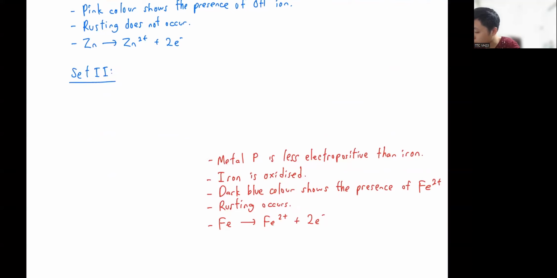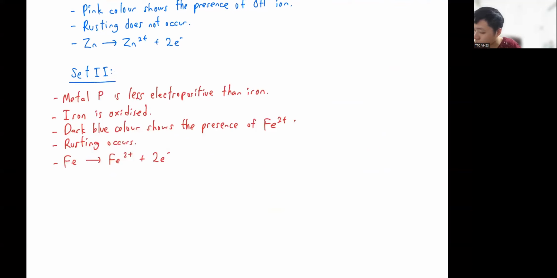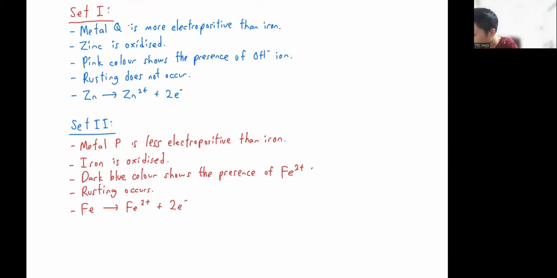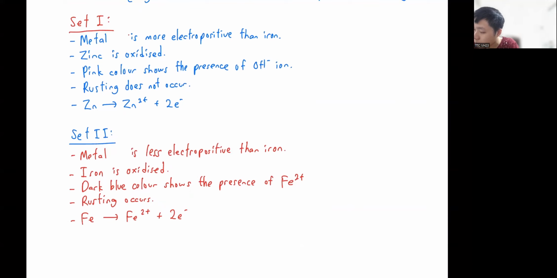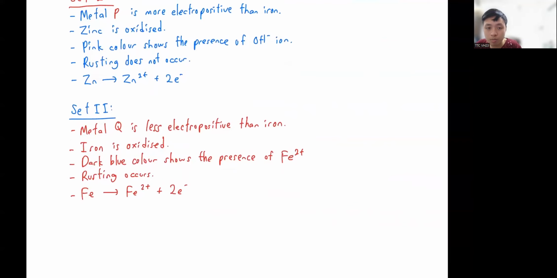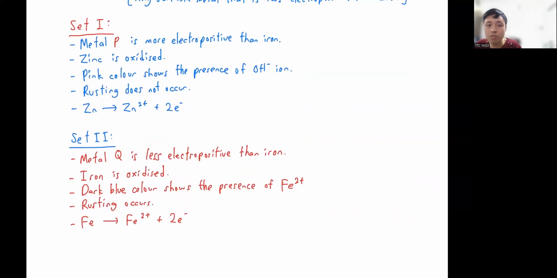So I'm basically talking about metal P, and then metal Q. Yeah, set 1 is the one that does not rust. Rusting does not occur.